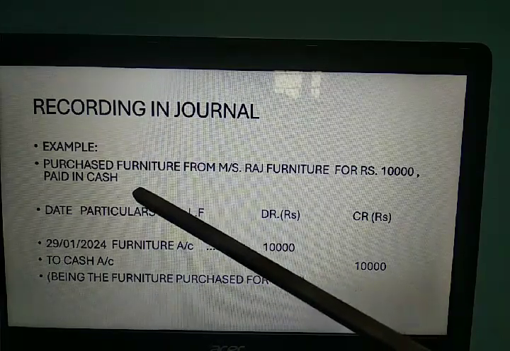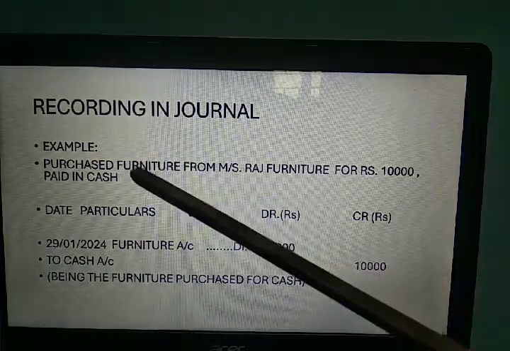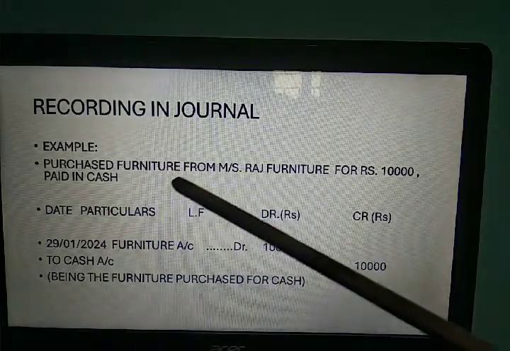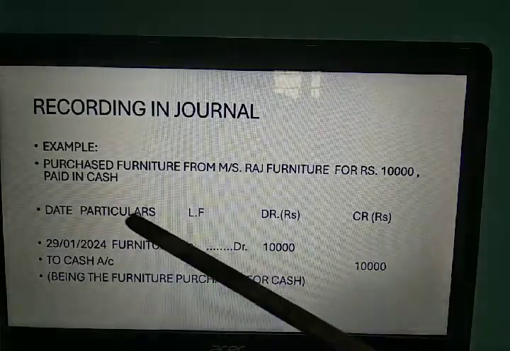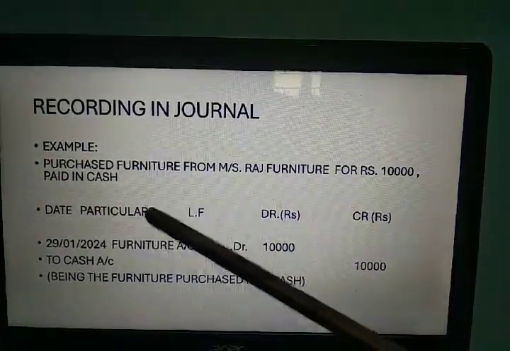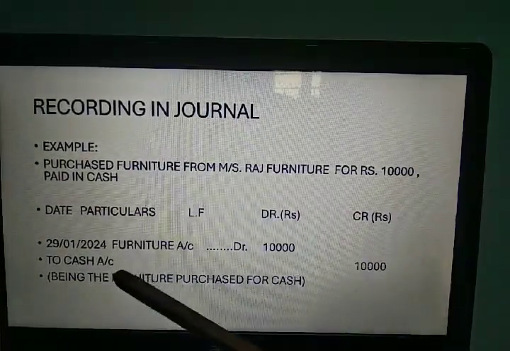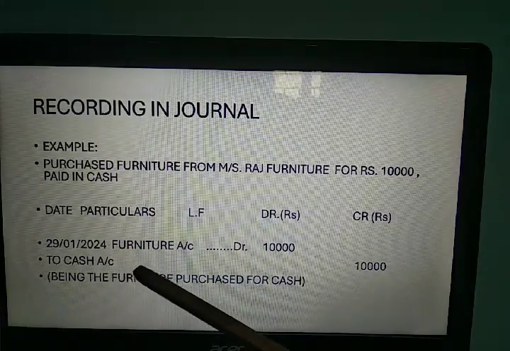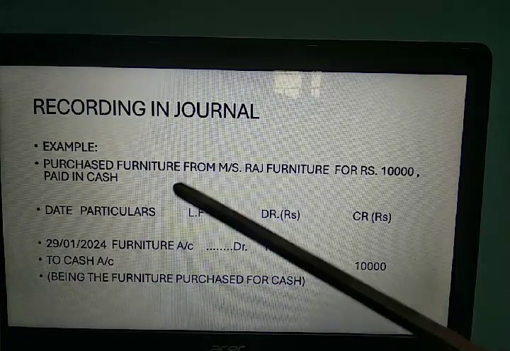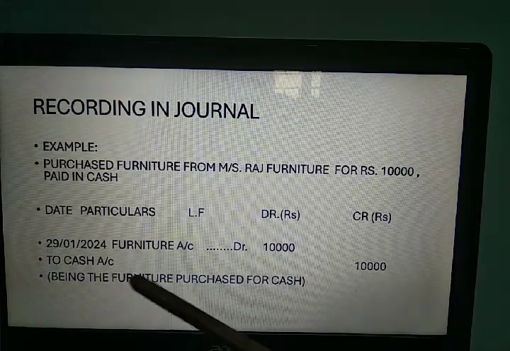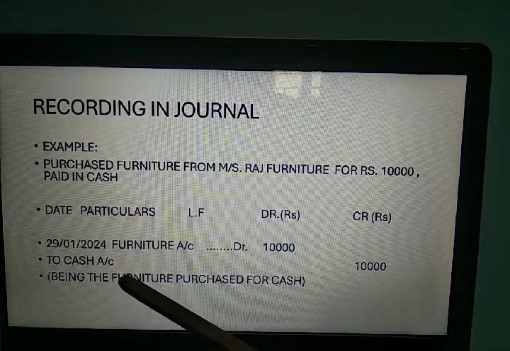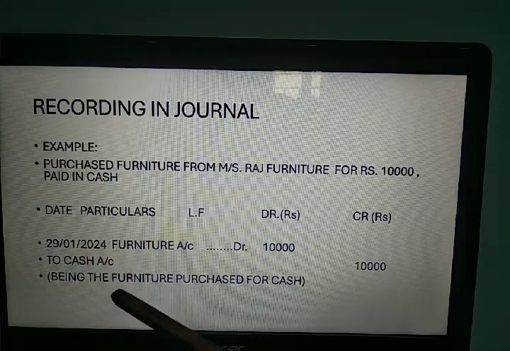Here cash is mentioned, so the individual name from whom you are purchasing is immaterial, not important. Suppose on 29th January today we are purchasing furniture from Mr. Ram. So here two heads will be there: one is the furniture head, another is the cash head, because cash is going out.